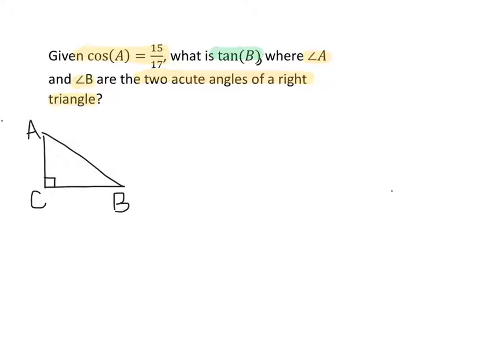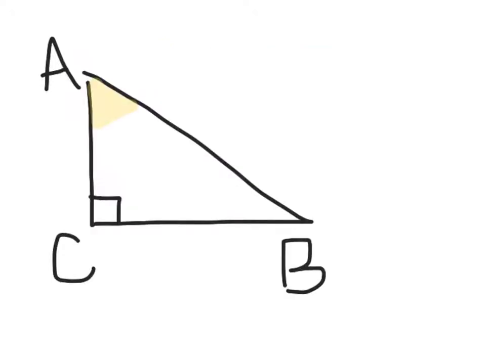We're given that cosine of A equals 15 over 17. And so the reference angle we're talking about is the angle A. So let's start by labeling our right triangle in relation to angle A. We have our opposite is BC, our adjacent is AC, and our hypotenuse is AB.